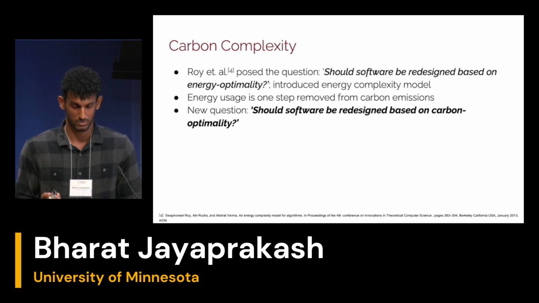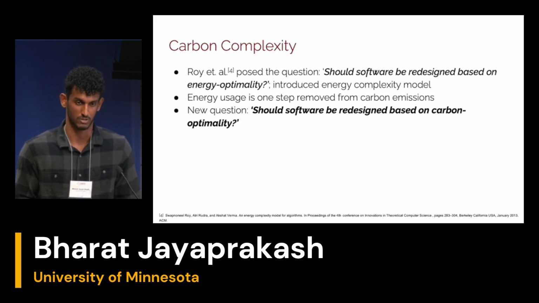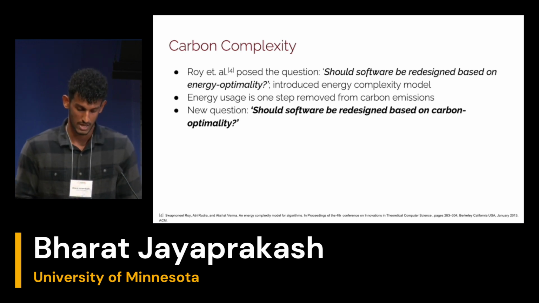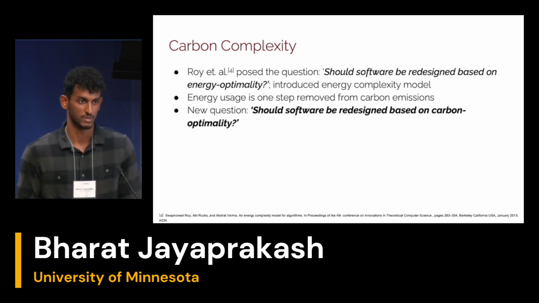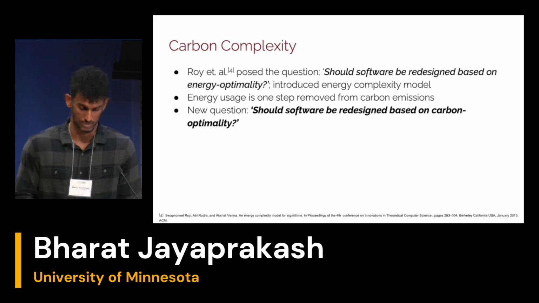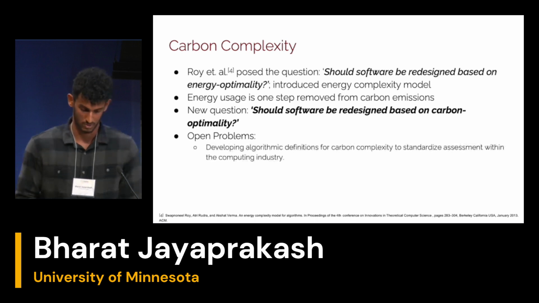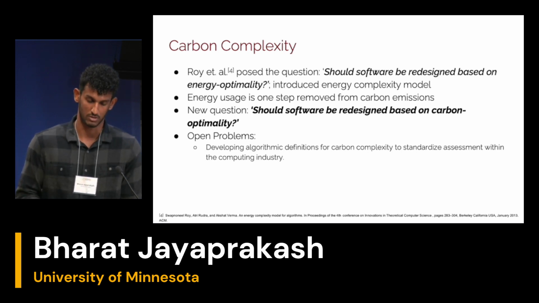We have not been able to get an answer to this question because answering such questions would involve a thorough analysis of all the pros and cons of making such a change. And it would also necessitate that we accurately quantify the benefits of making such a change in algorithm design. So in the pursuit of answering this question, we think one of the open problems here is the development of algorithmic definitions for carbon complexity that could standardize assessment within the computing industry.